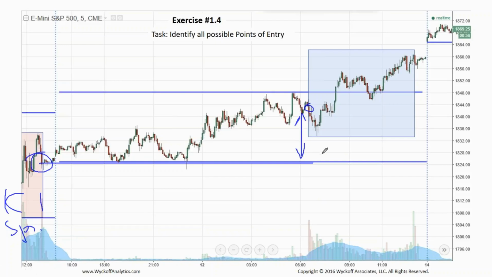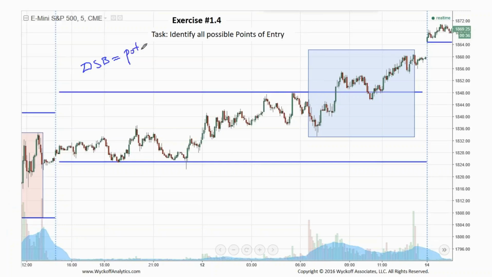Yeah, especially if it doesn't try to fill the gap too hard and then goes on up. Okay, so we are coming in with a very heavy daily swing bias potentially up, and the intraday swing bias based on the structure is definitely up.